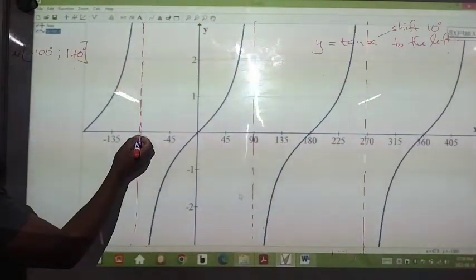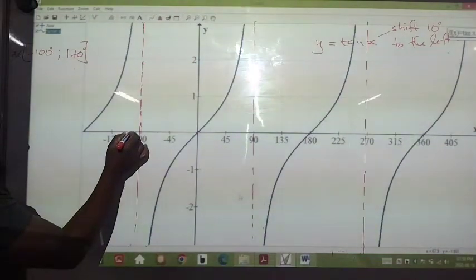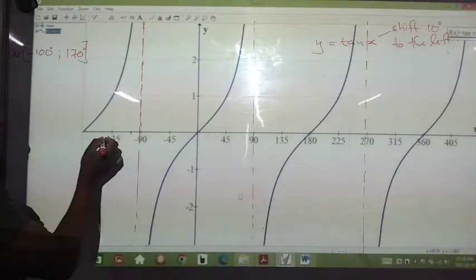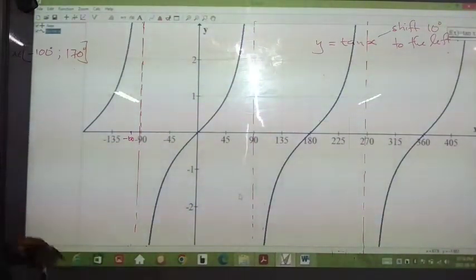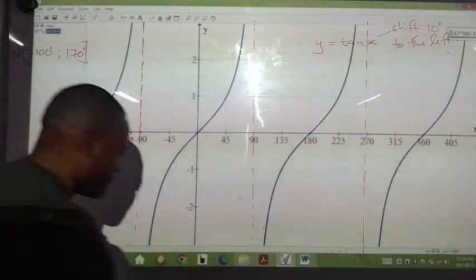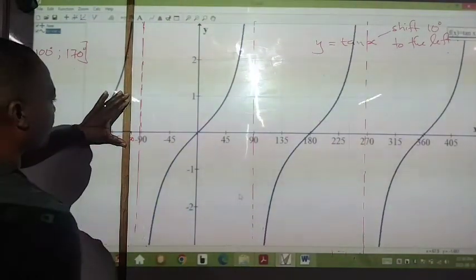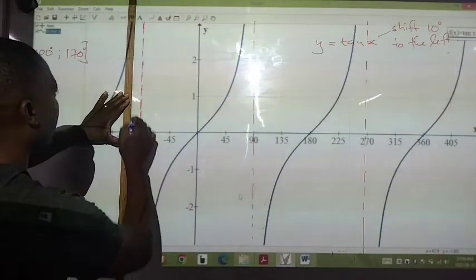So if we shift the asymptote 10 degrees, that is minus 90 minus 10, that will be negative 100. So we are going to have our asymptote now at negative 100.